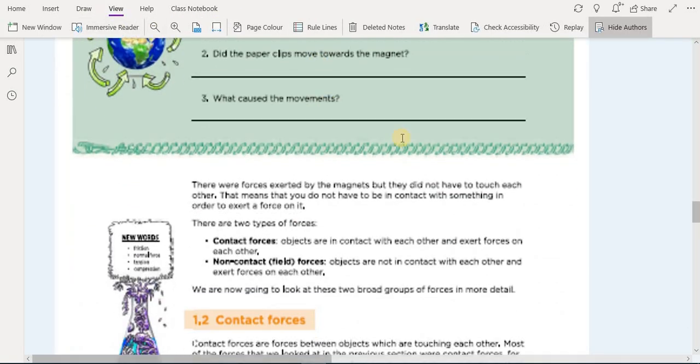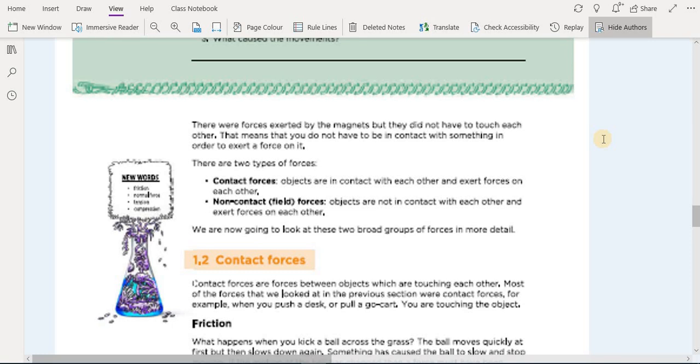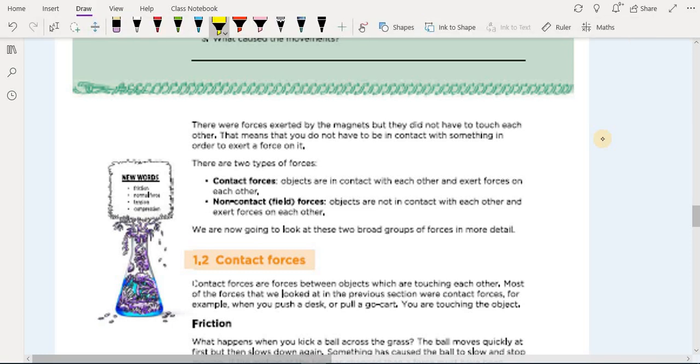But the two types of forces that we talk about, it's very simple. There's a contact force and a non-contact force, and we're going to be talking about this in more detail. And if you think about the words contact force, basically you need objects that are in contact with each other, and they exert forces on each other.